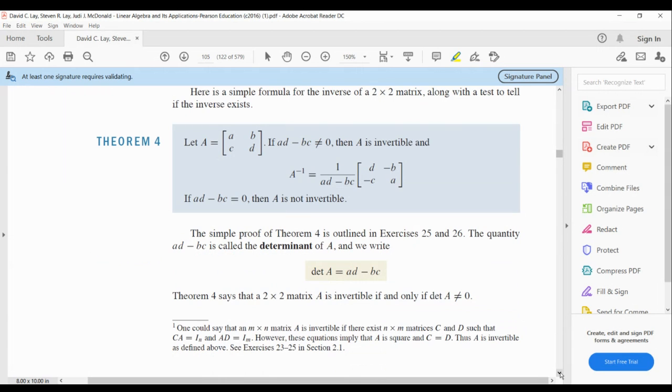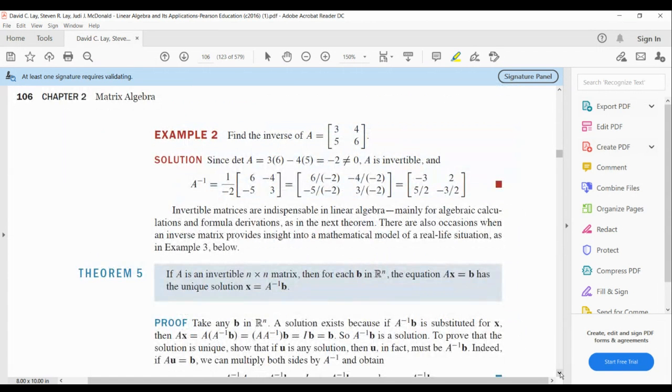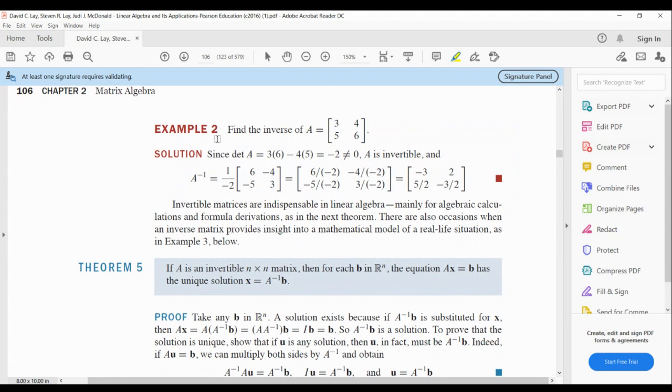Not every square matrix is going to have an inverse. Here in example 2, they show you how to apply the formula. Easy, right? Not too hard.